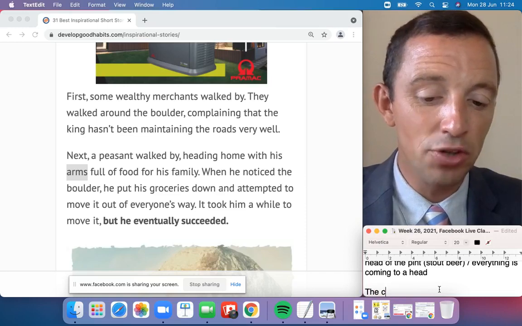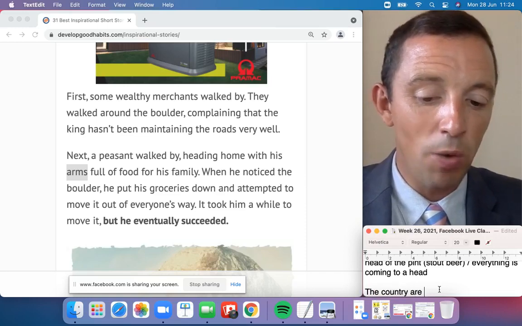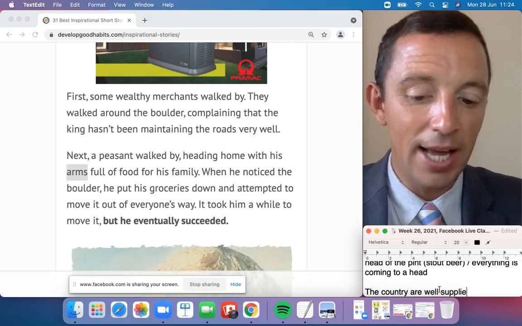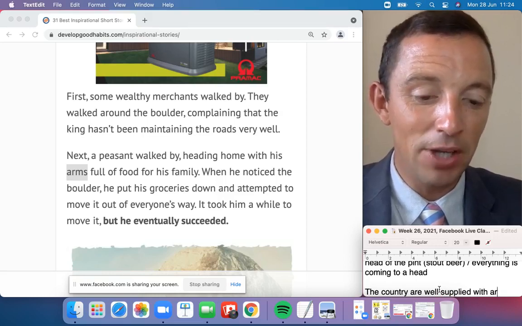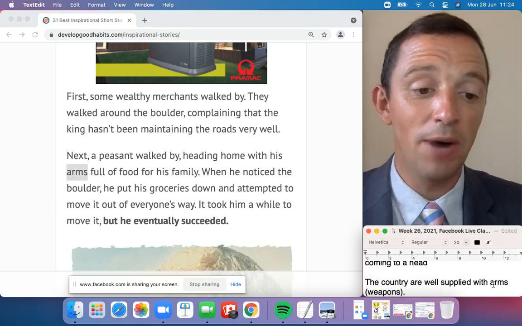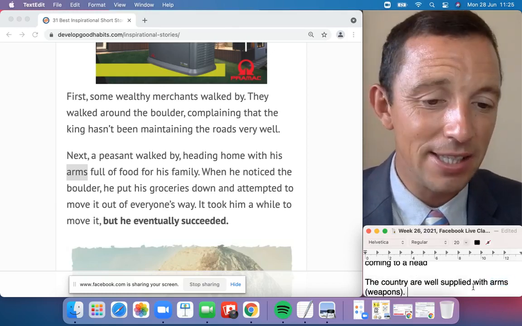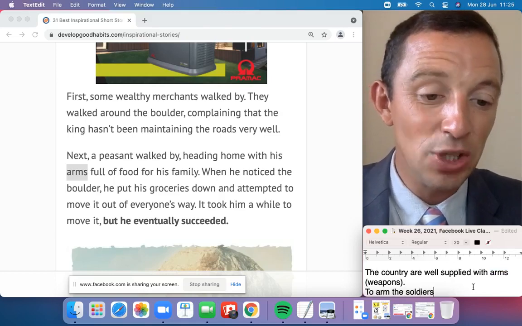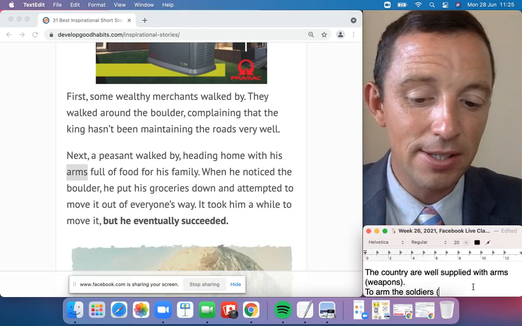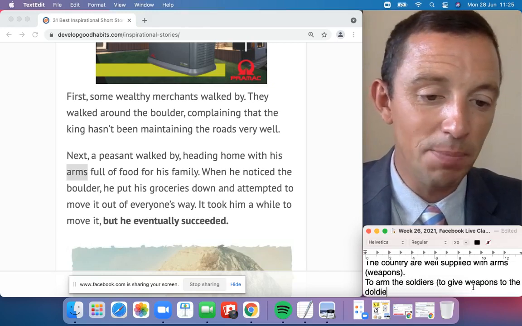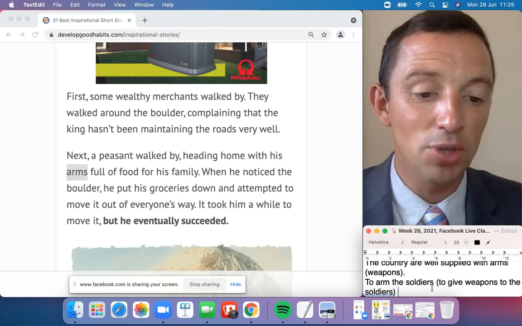Okay, the country are well supplied with arms, okay, and that means armas in Español, and in English we maybe say weapons. Okay, so if you have arms, the significance is weapons, and maybe to arm the soldiers is to give the weapons to the soldiers. Okay, so that's possible as well, to arm somebody.